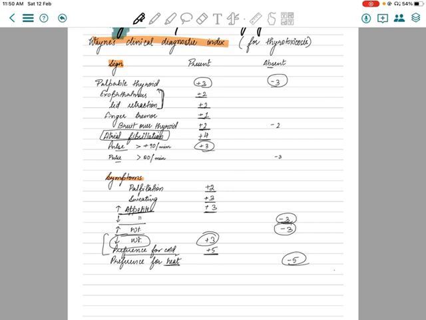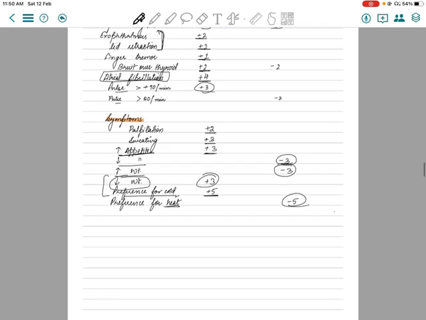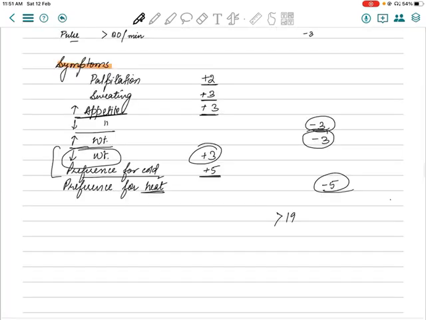So it's a Wayne's clinical diagnostic test, and the index suggests that if the score is more than 19, we can make the diagnosis of toxic goiter.